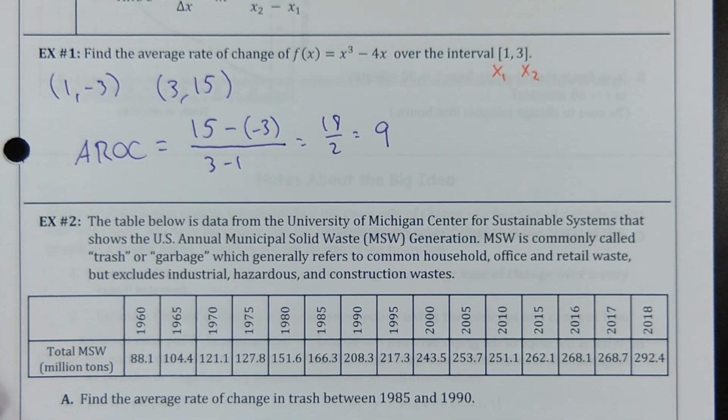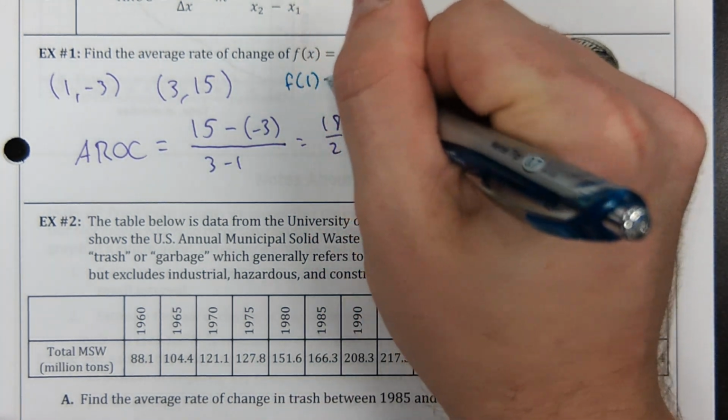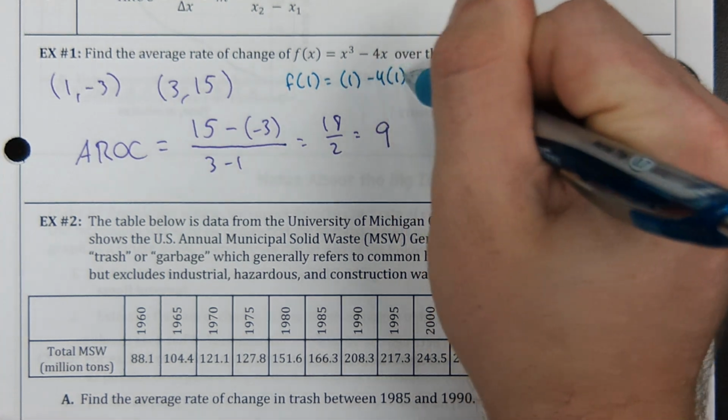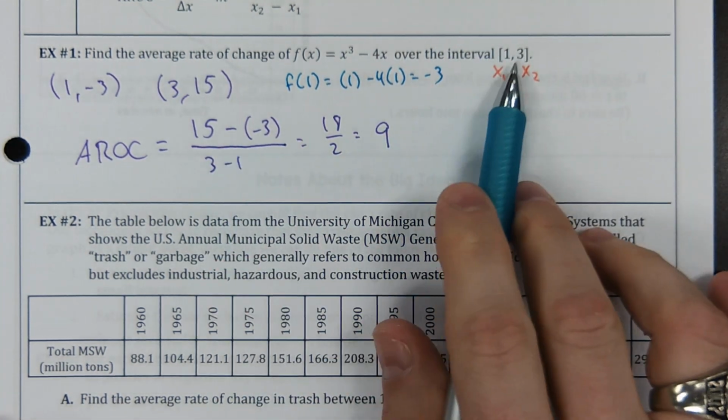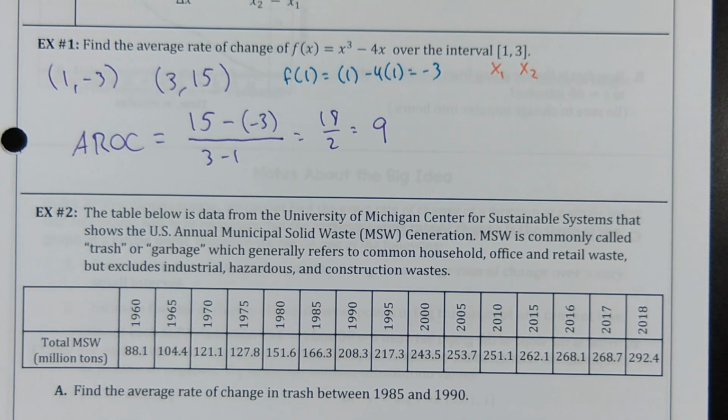Can you show how you got the points again? Yeah. So what I did was, I did f of 1, which means I plugged in a 1 for x. So 1 minus 4. And then I did the same with the 3. 3 to the third is 27, and then minus 12. Just plugging the x's in, getting their corresponding y's.